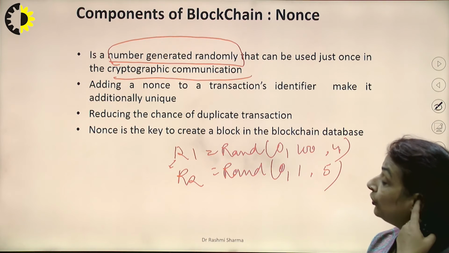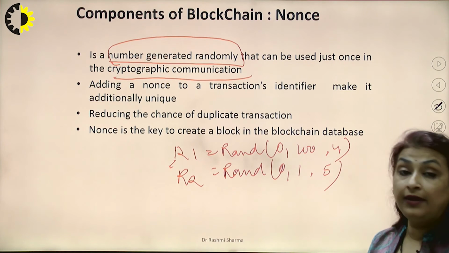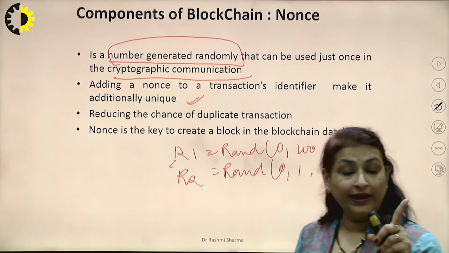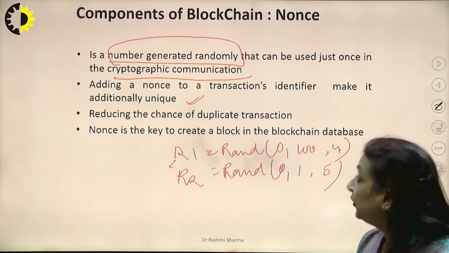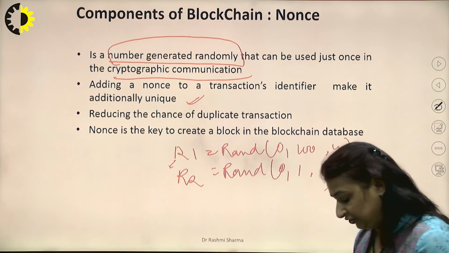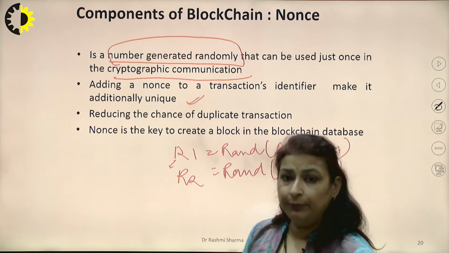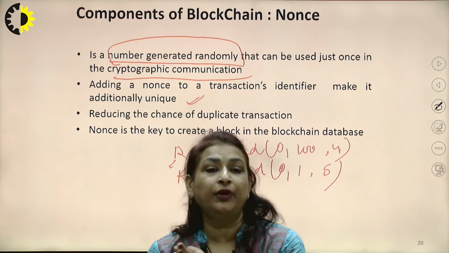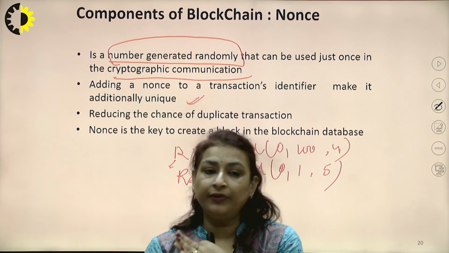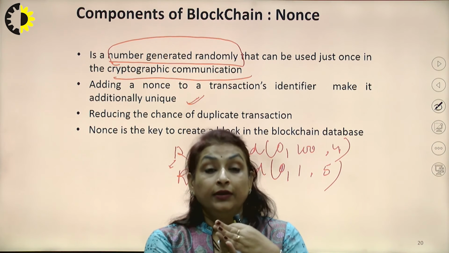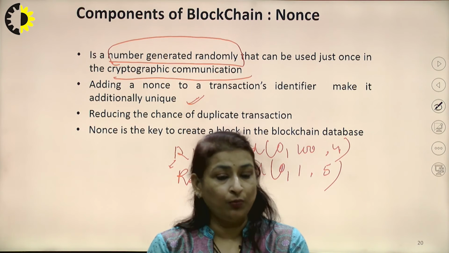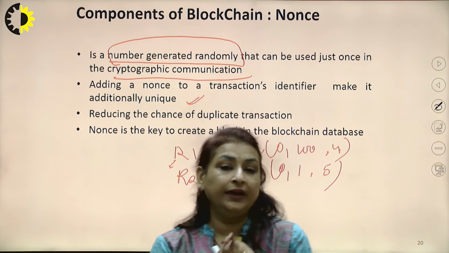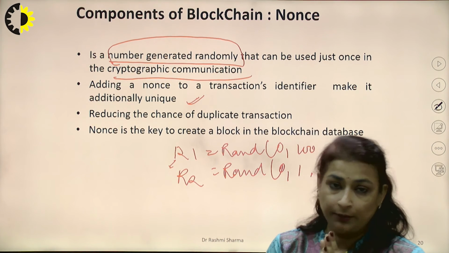So adding that nonce to the transaction identifier makes the transaction more unique. Along with the timestamp, we are adding one more random number. Okay, that is the nonce. So it reduces the chance of duplication of the transaction. The time can be replicated, but the random number generated when that transaction was taking place cannot be generated again; there is very little probability of generating the same random number on any other PC or any other node taking part in that blockchain.